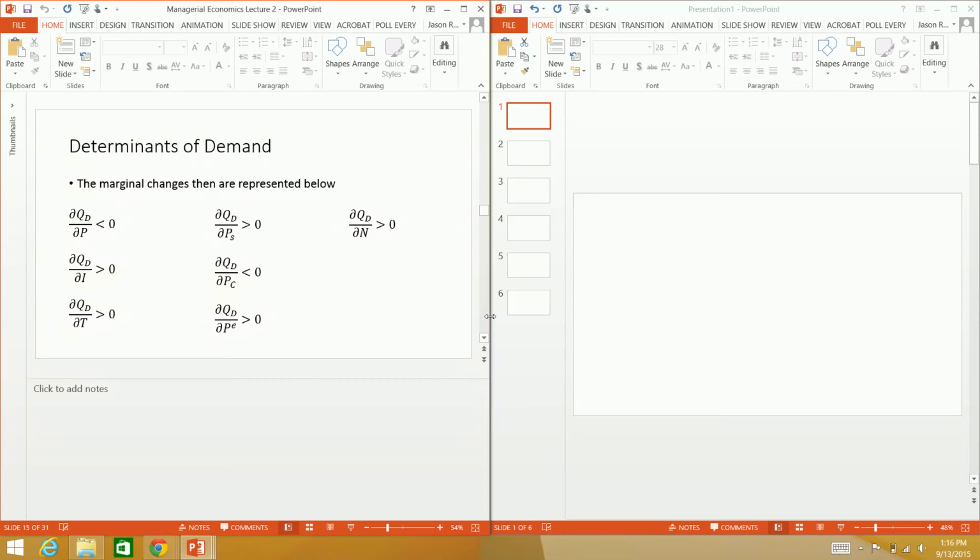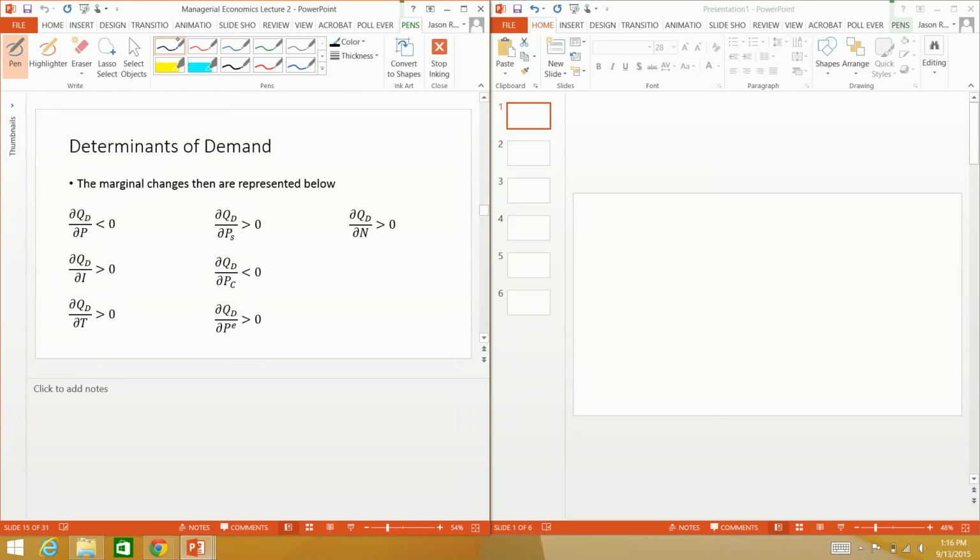Now again, these partial derivatives, and if you're new to the idea of partial derivatives, what we're doing here is imagining every other variable remains constant except for the variable we want to change. So in this very beginning partial derivative, we have just prices changing, okay?